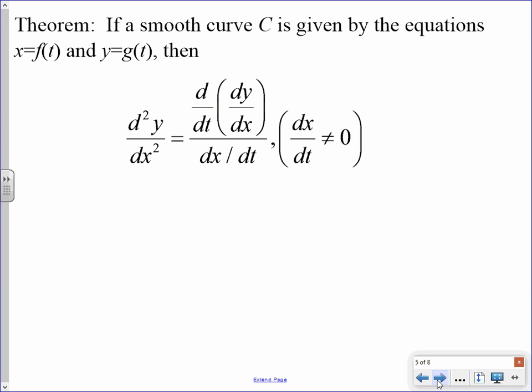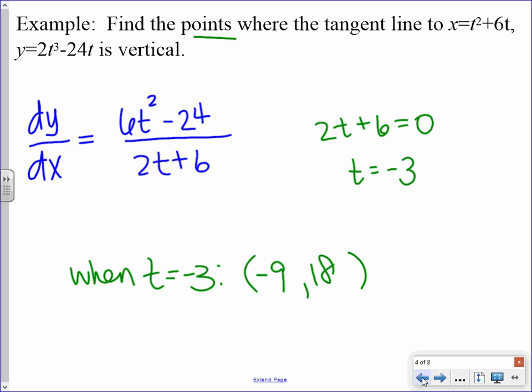Okay, so what do all of these letters mean? This right here, d/dt of dy/dx, means take the derivative of dy/dx with respect to t. When we take our derivative, it's going to be in terms of t.